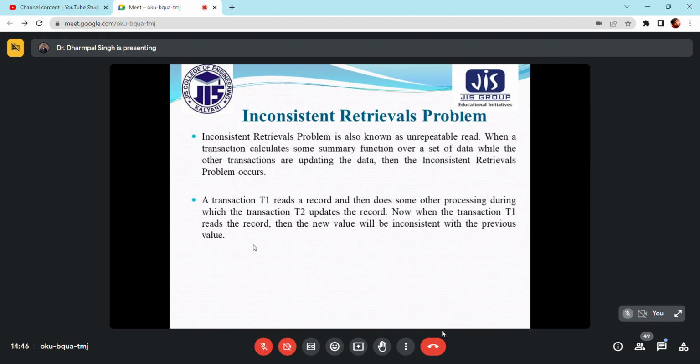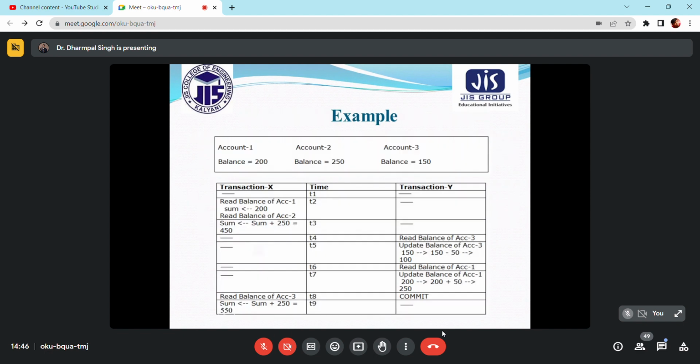Here you can see the example: transaction T1 reads a record and then does other operations, during which transaction T2 updates the record. You can see this figure. This transaction takes the value of account A1 and adds the sum 200, and it reads account 2.